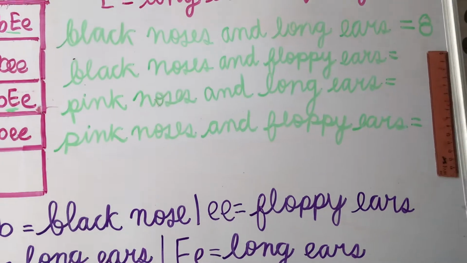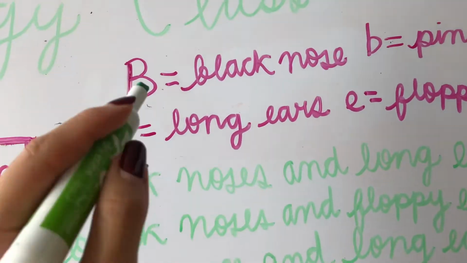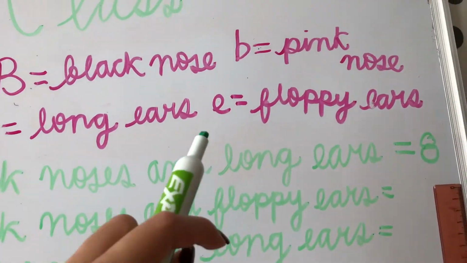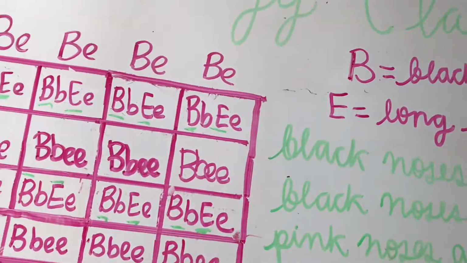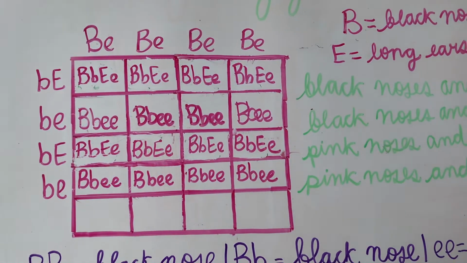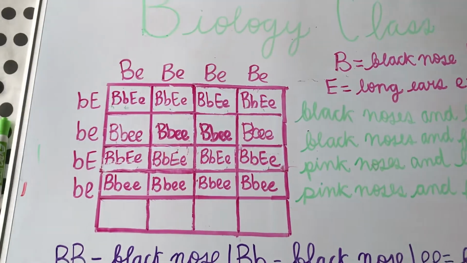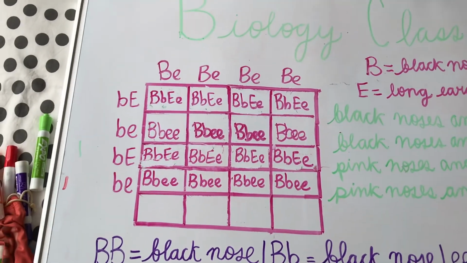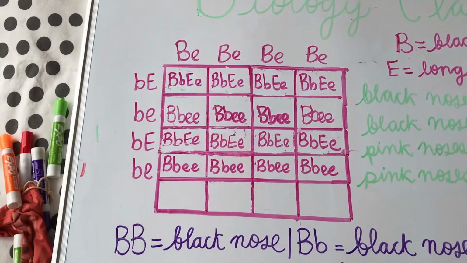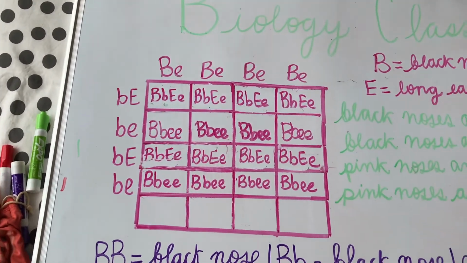Then black noses and floppy ears. So we know that black nose is uppercase B and floppy ears is lowercase e. So we do the same in here. Okay, so in order for the rabbit to have floppy ears, it will need a recessive trait, which means double lowercase e.